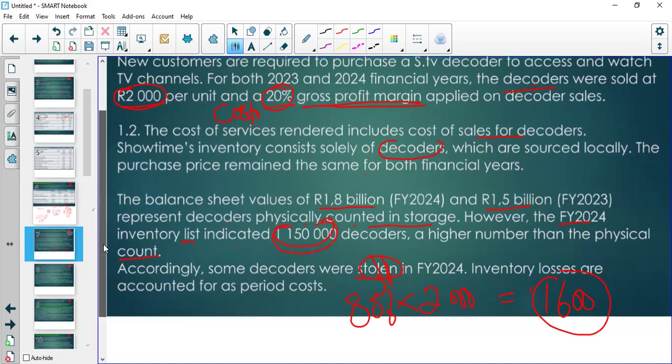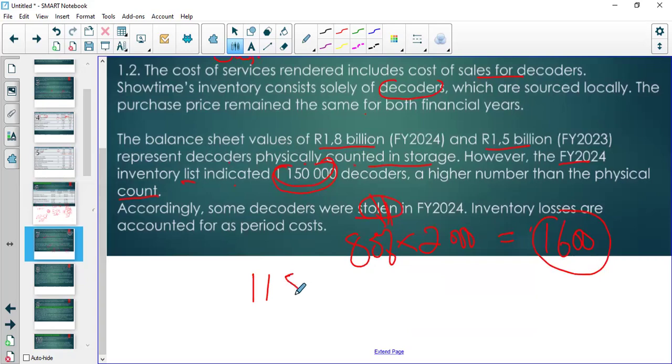So if we have 1,150,000 decoders, each at 1,600, then the value of the inventory should be 1,150,000 multiplied by 1,600, which is 1,840,000,000. That's the financial year 2024, right?